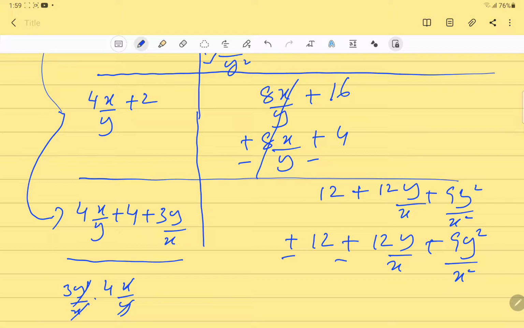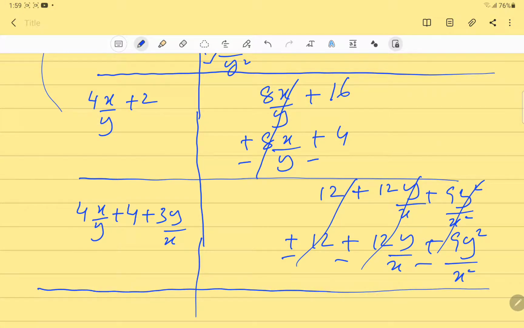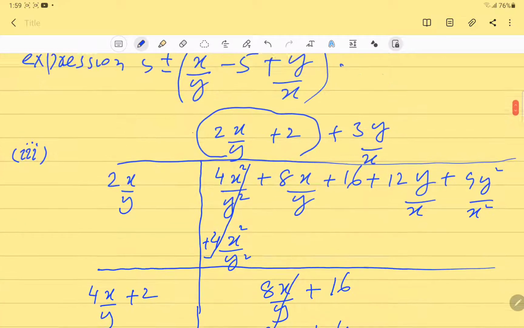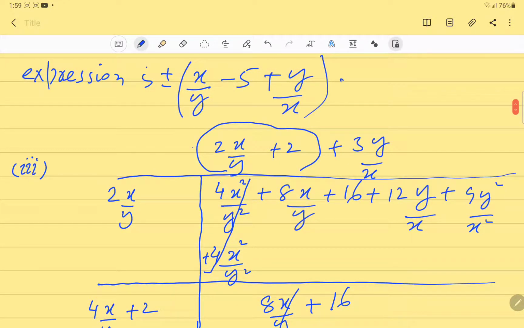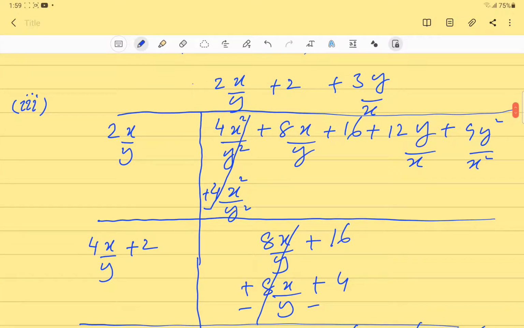So when we subtract it, all these terms will cancel with each other. And we are left with a 0. So our square root is 2x over y.